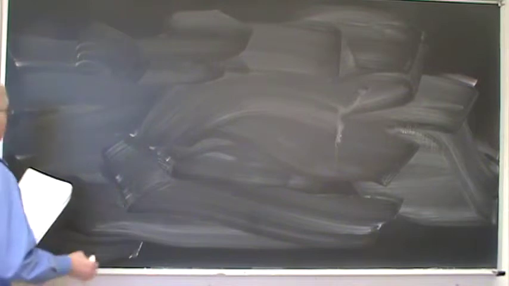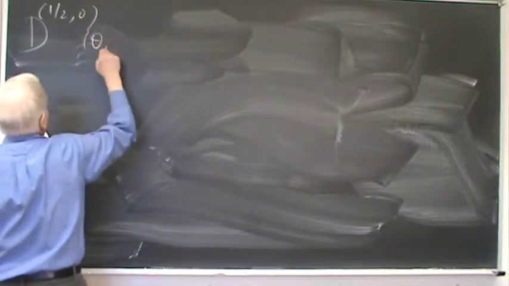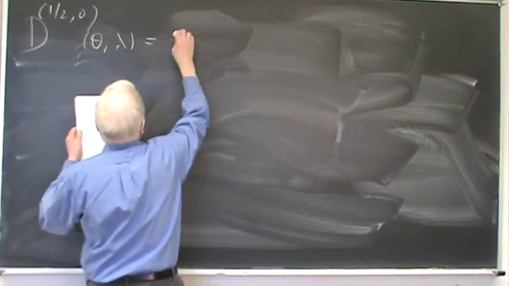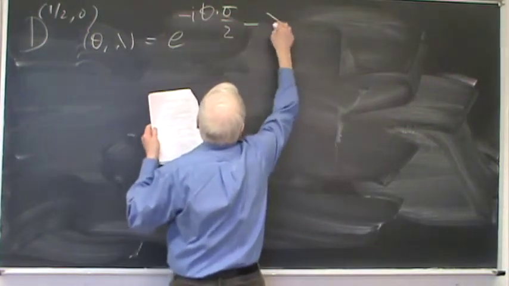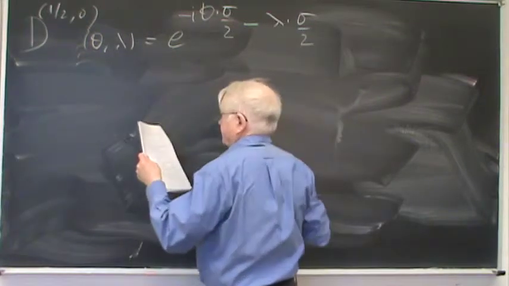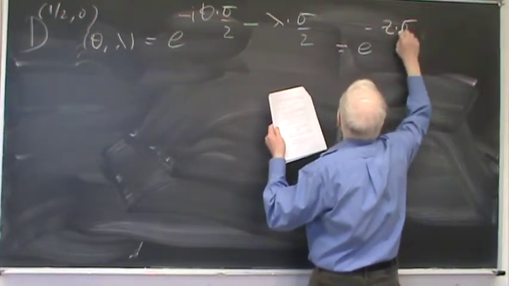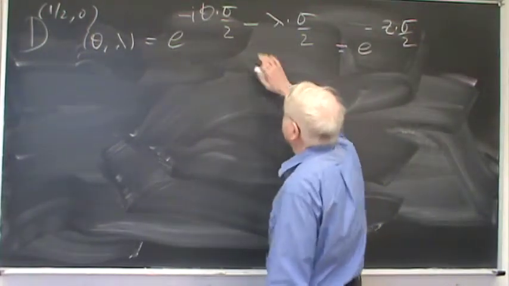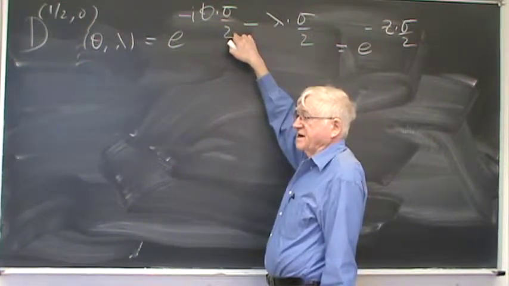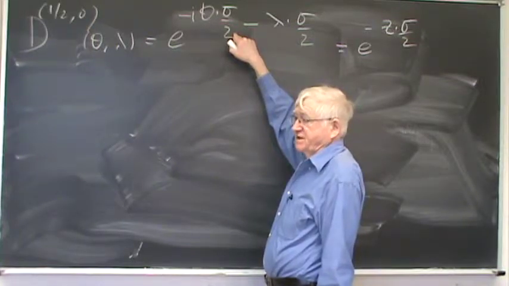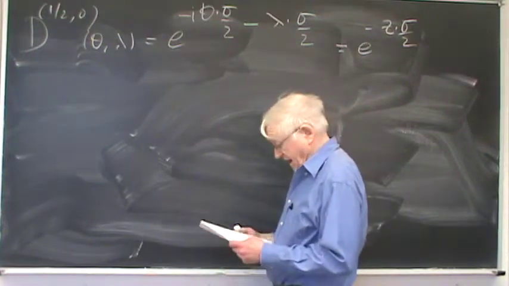Okay, so now what we've got is d 1/2 0 of theta and lambda, and this turns out to be e to the minus i theta dot sigma over 2 minus lambda dot sigma over 2. Or equivalently, it's e to the minus z dot sigma over 2. So sigma over 2 plays the role of j plus here, j plus for j equal to 1/2.